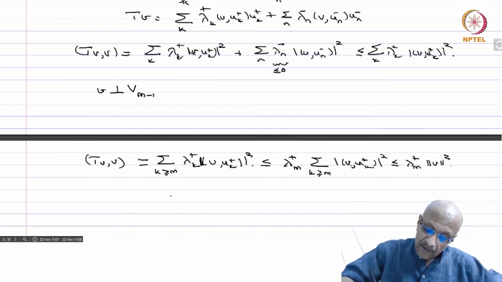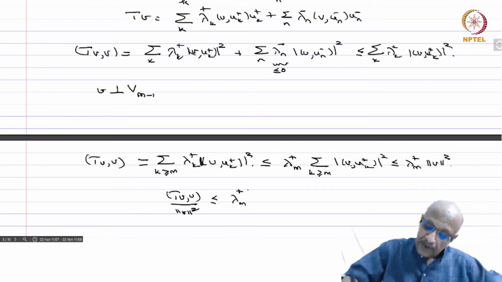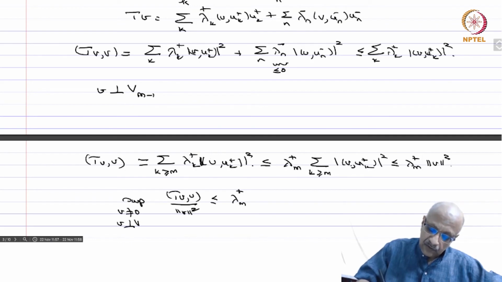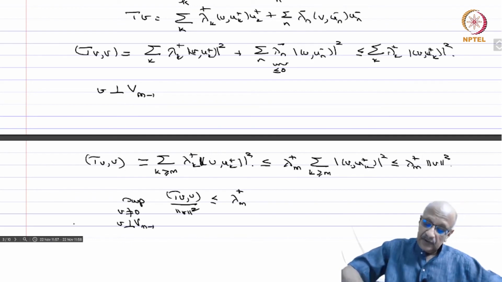Therefore you have (Tv, v) by norm v square is less than or equal to lambda_m^+, and this is true for all the v's, and therefore in particular the sup over v not equal to 0, v orthogonal to v_{m-1}, will be less than or equal to this.